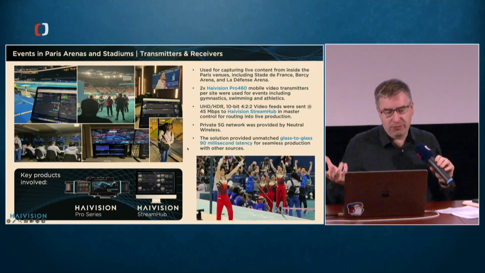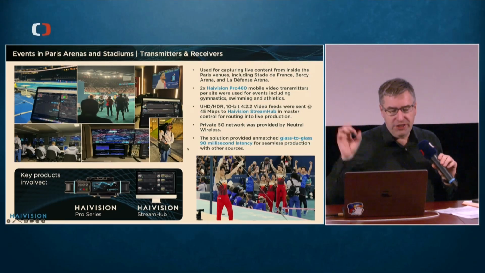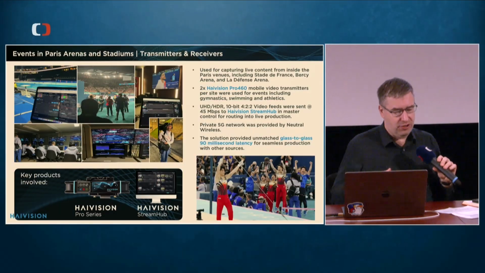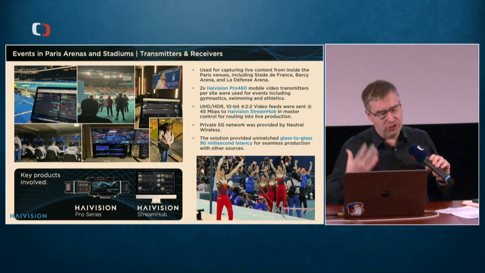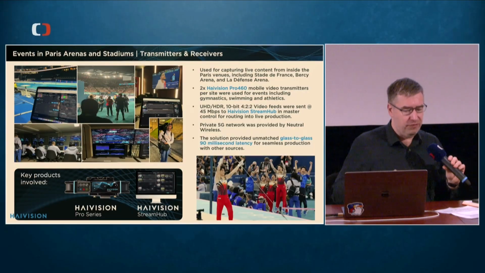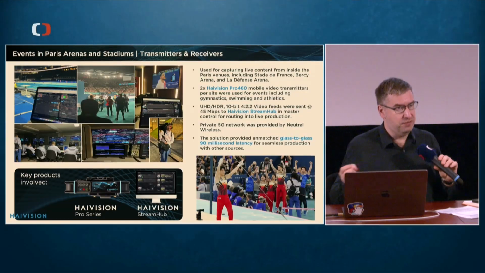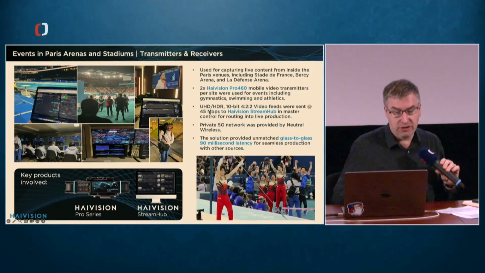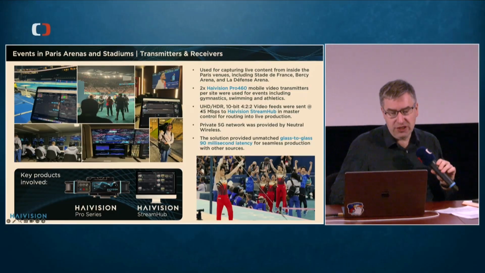Okay, let me show you this example as well. Here we were basically using our mobile transmitters instead of OFDM transmitters. We were using them in ultra low latency mode, with end-to-end latency of 100 milliseconds. The bit rates were quite high because we were also doing it in UHD, about 45 megabits.